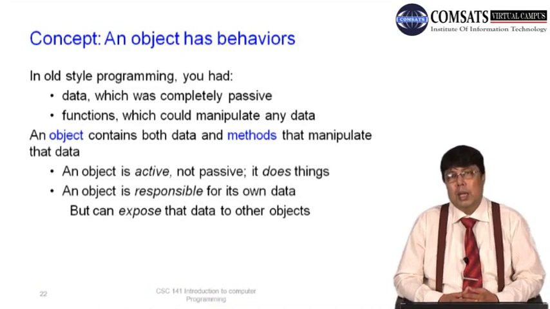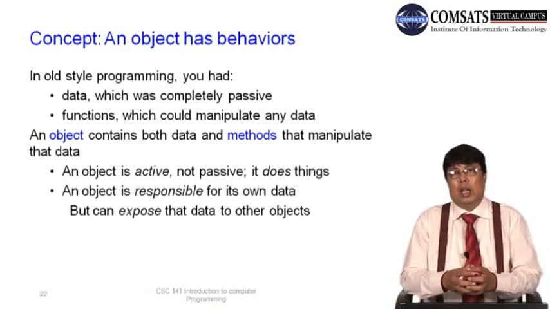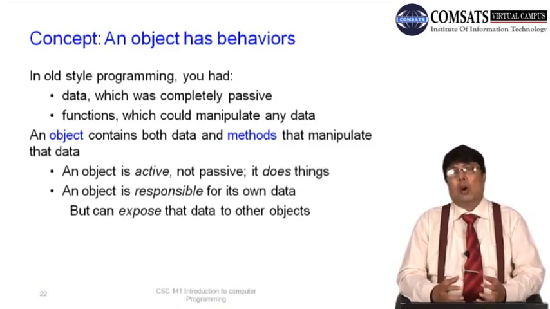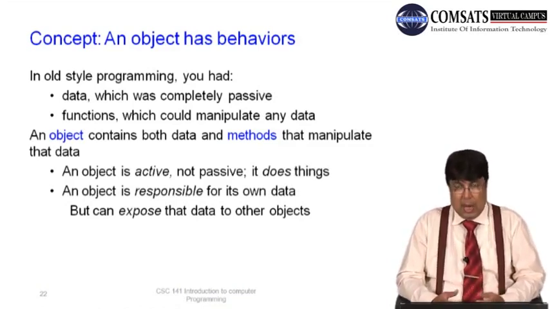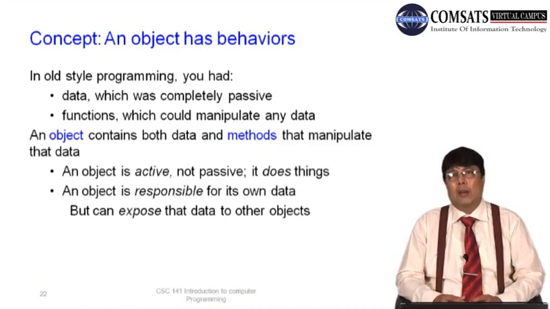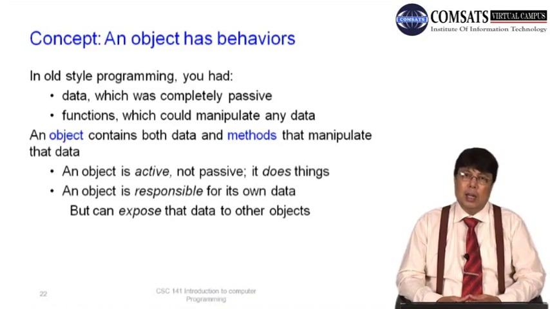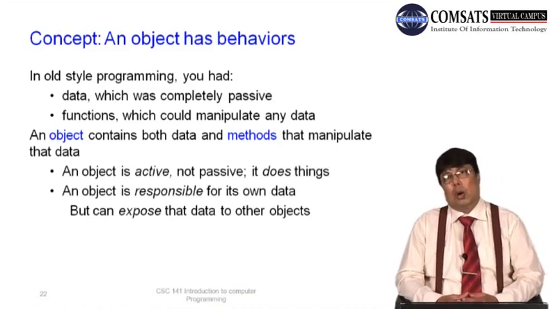What does it mean? It means that for whatever object you have defined, for example a table, this table could have a color and certain measurements that are attributes associated with this object, and this object is data. Then you can also expose this data to other objects.